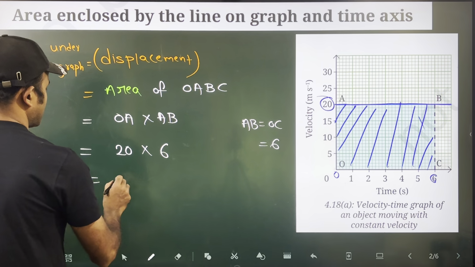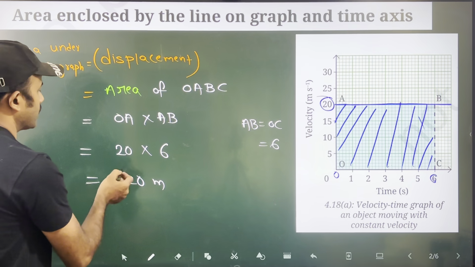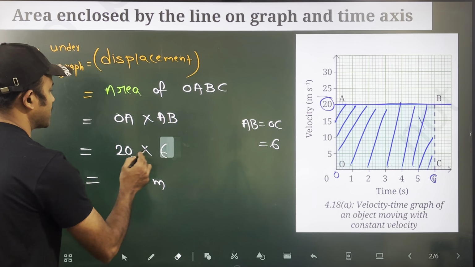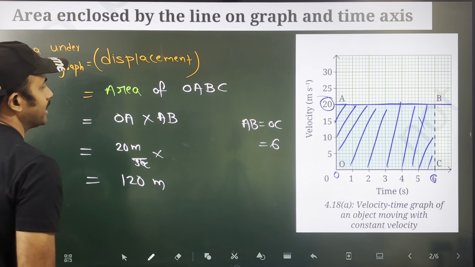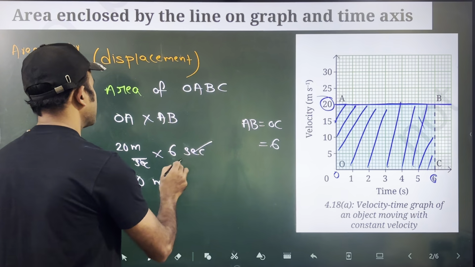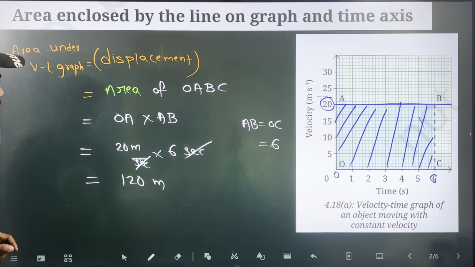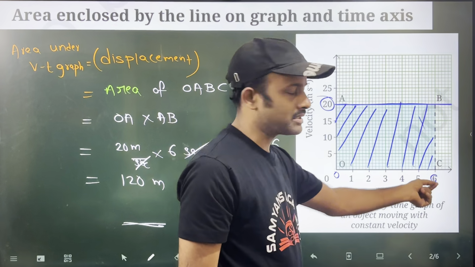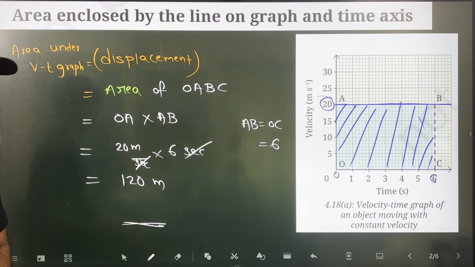So 20 into 6 is 120 meter. How are you getting meter? OA is 20 meter per second, into the value of AB, which is 6 seconds. Second gets cancelled. 20 into 6 is 120 meter. The displacement covered during these 6 seconds, from 0 to 6 seconds, is 120 meter. Is it clear to everyone? Okay, right.